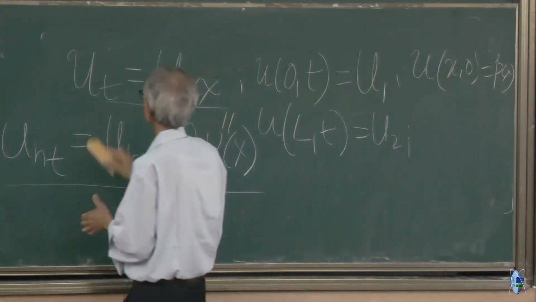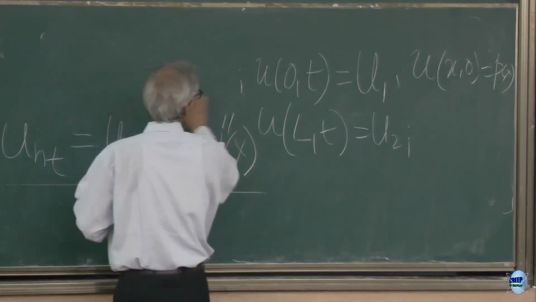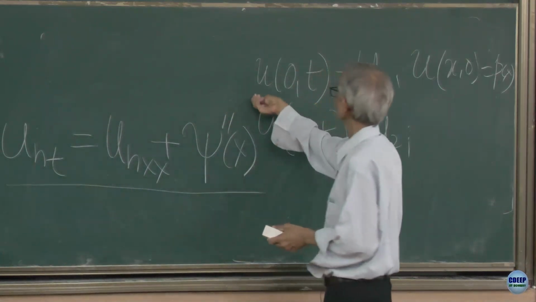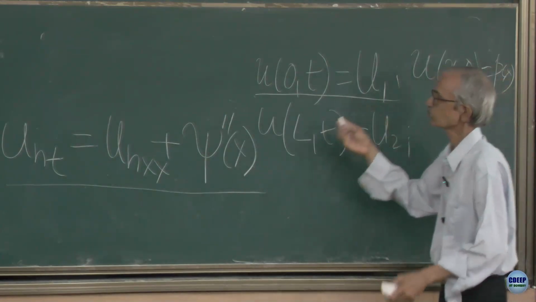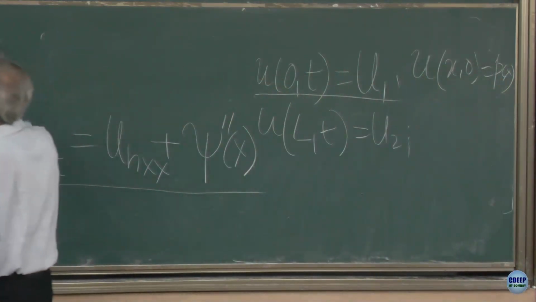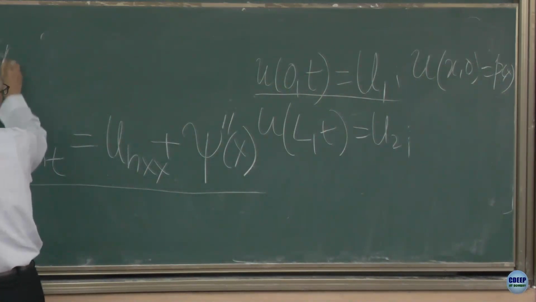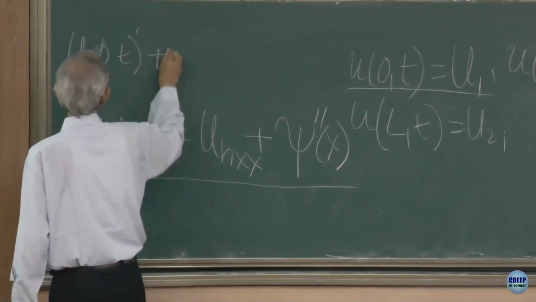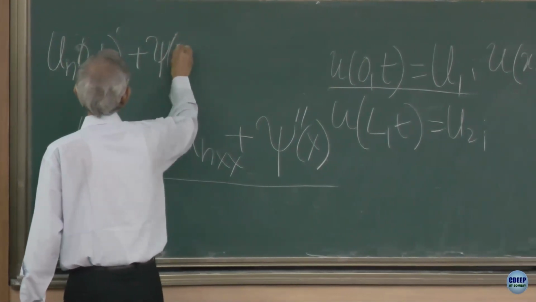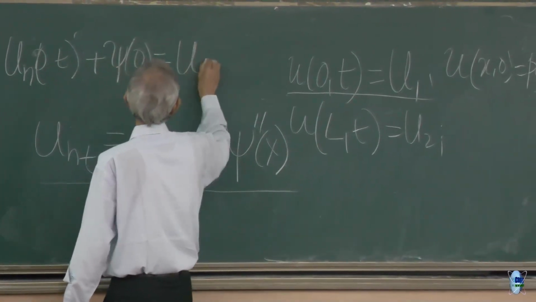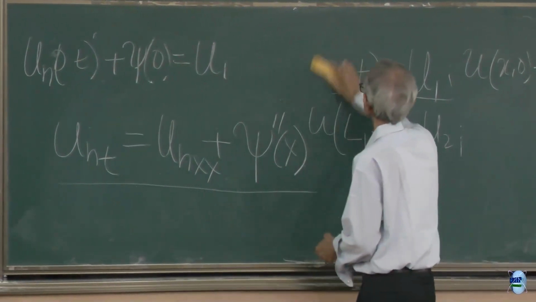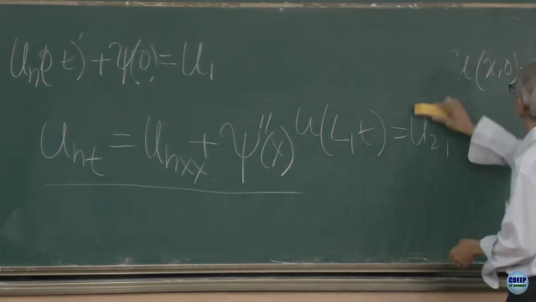Always you need to look at the boundary conditions also. So my u(0,t) is u1, which means u_h of (0,t) plus psi of 0 is equal to u1. That's one of my conditions. Okay.